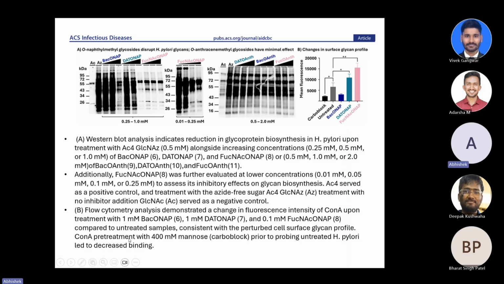And Corne pre-treatment with 400 millimolar mannose carboblock prior to probing untreated H. pylori led to decreased binding. As we can see in this graph, this gray color is untreated, and by comparing with this, this bacterionaphthyl, datonaphthyl, and this FUC NAC O-Naphthyl have more fluorescence as compared to this untreated molecule.